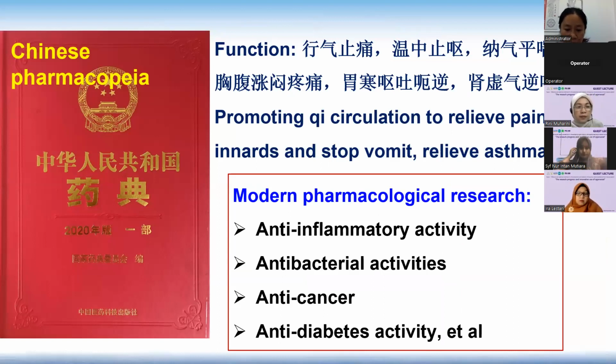It records that Agarwood has the function of 行气止痛，温中止呕，纳气平喘, which means Agarwood can promote qi circulation to relieve pain, warm the interior and stop vomiting, and also relieve asthma. And modern pharmacological research showed that Agarwood has bioactivities including anti-inflammatory, antibacterial, anti-cancer, anti-diabetes, and so on.